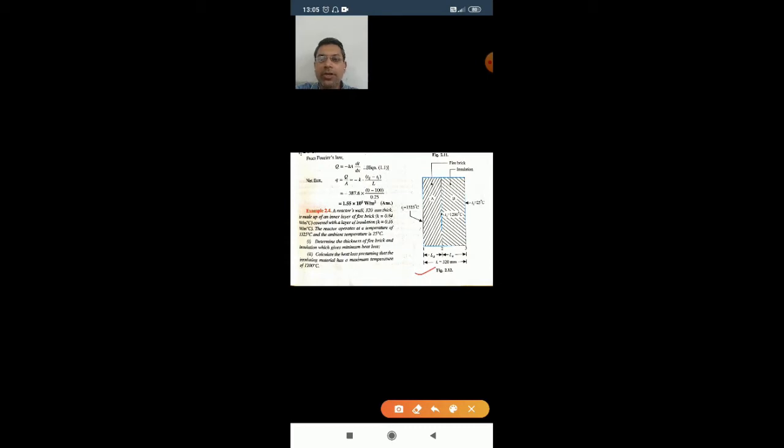So the value of fire brick wall plus insulation wall will be equal to 320 millimeter, and we have to determine the thickness of both fire brick and the insulation with the given data that the maximum temperature at the junction can be 1200, the inner fire brick wall maximum temperature can be 1325 degrees centigrade, and ambient is 25 degrees centigrade.